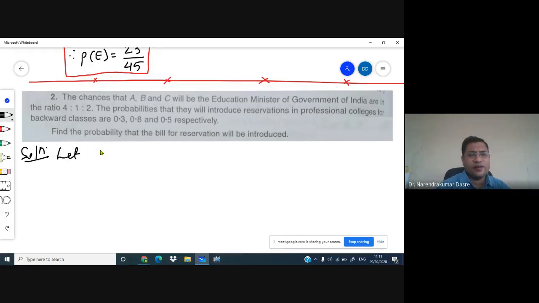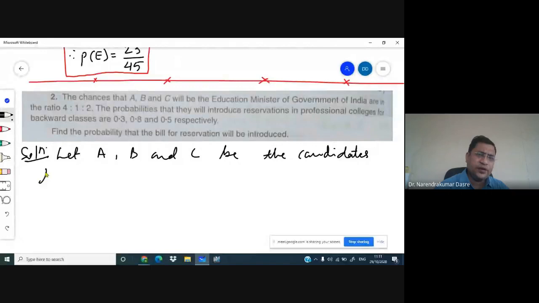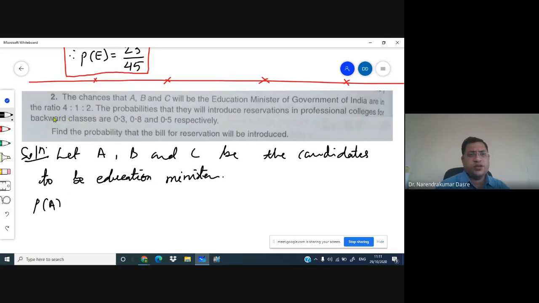Okay, so let A, B, and C be the candidates to become education minister. So what is given to us?